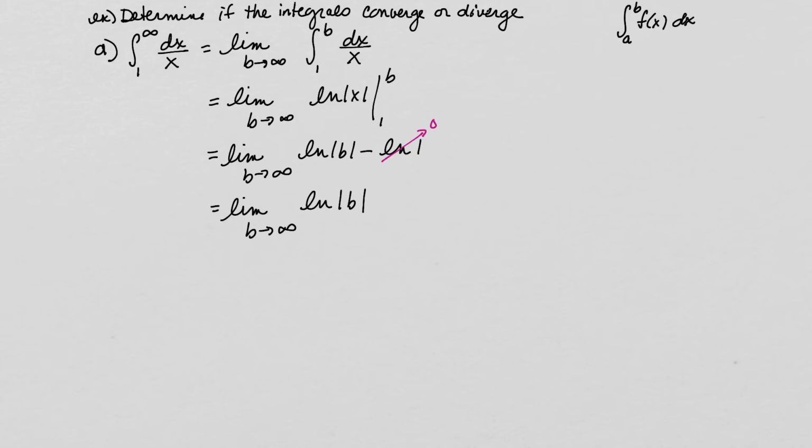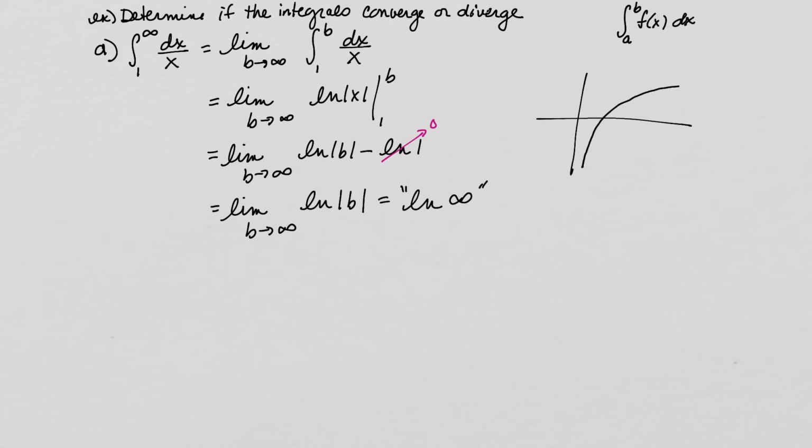Okay, so if I plug in infinity for b, we end up with the natural log of infinity. And we usually don't write that, so I'm going to put quotes around it because it's kind of bad mathematics, a little slangy. But this is where knowing the graph of the natural log is really helpful.